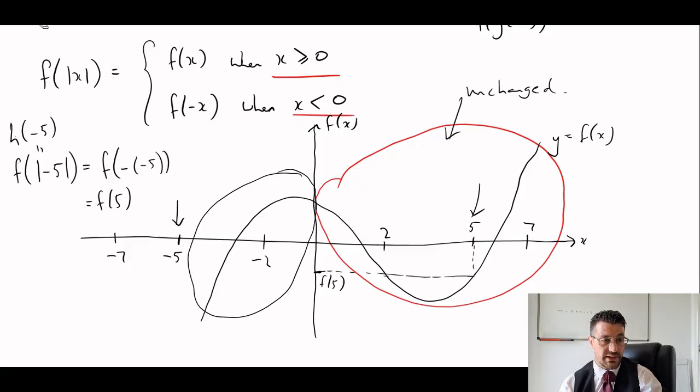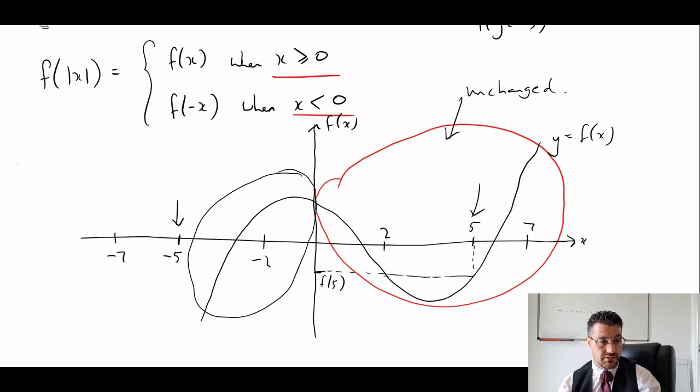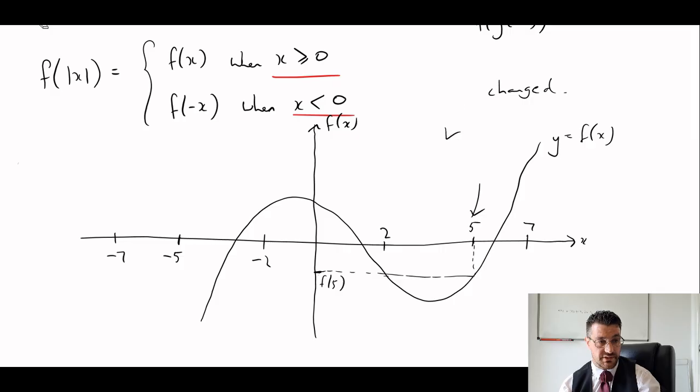So how do I interpret this? Let me just clear some space here. What it means is that the negative part of this graph, or when I say the negative part, I mean the part of the graph corresponding to negative values of x, is scrapped.